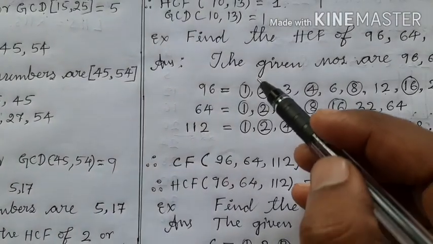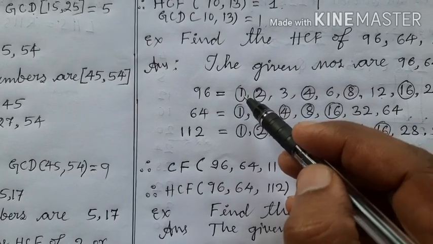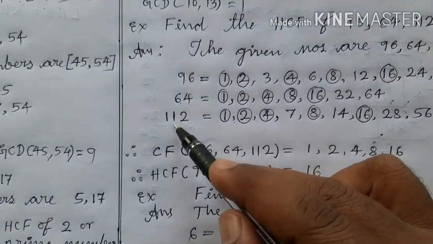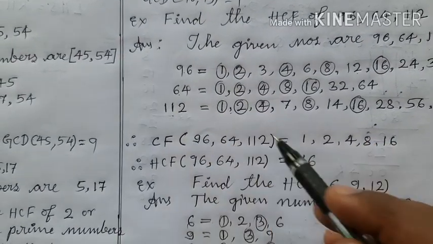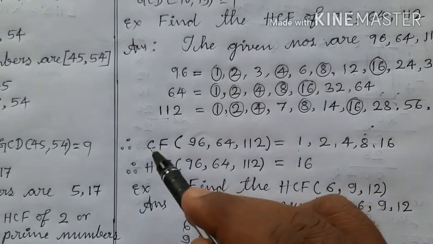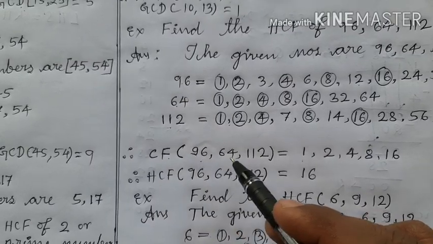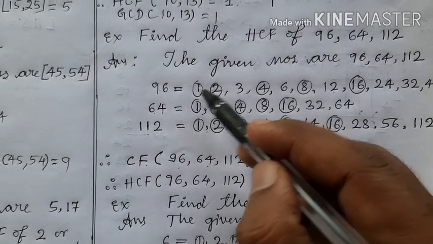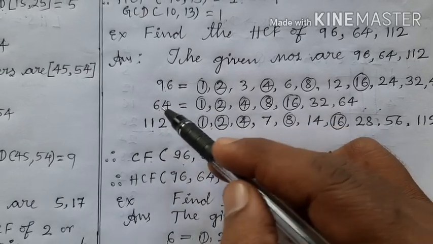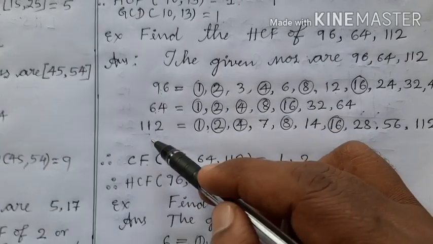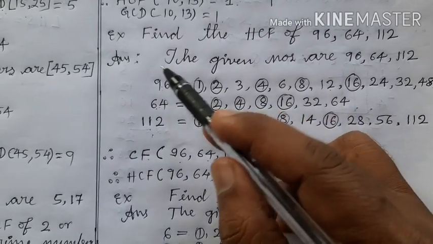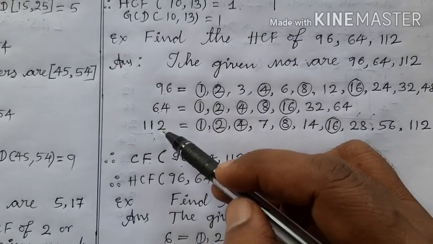See here children, since 1 is factor of 96, 1 is factor of 64 and 1 is factor of 112. That is why I have selected 1 as the common factor of 96, 64 and 112. Then 2. 2 is factor of 96 also, 2 is factor of 64 also, 2 is factor of 112 also. That is why this 2 is the common factor of all the three given numbers.